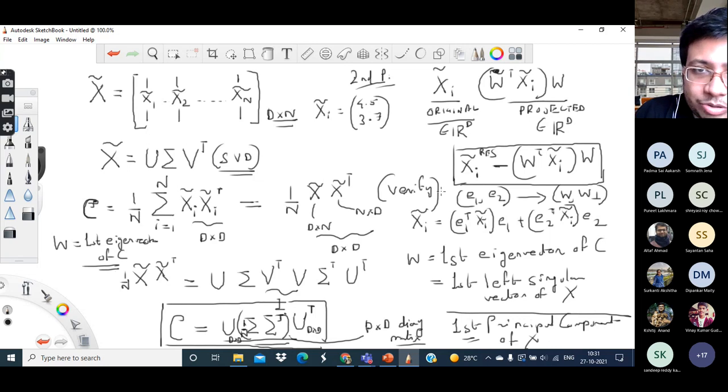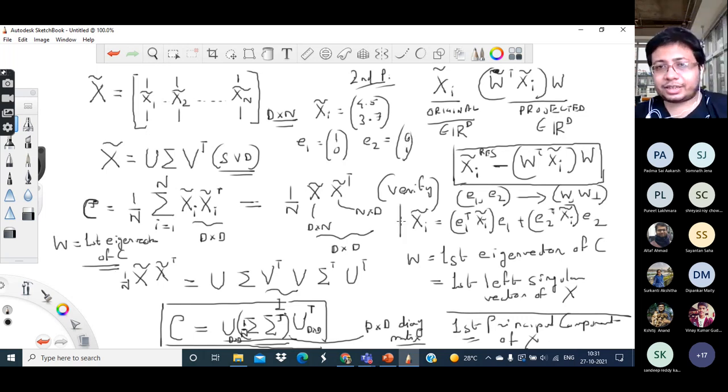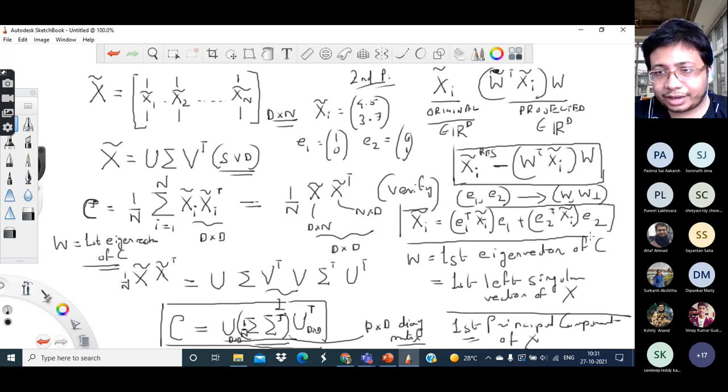Now e1 is nothing but 1 0 and e2 is 0 1. I leave it as an exercise for you to verify that this data vector xi tilde can be written in this way. What is the first component doing?